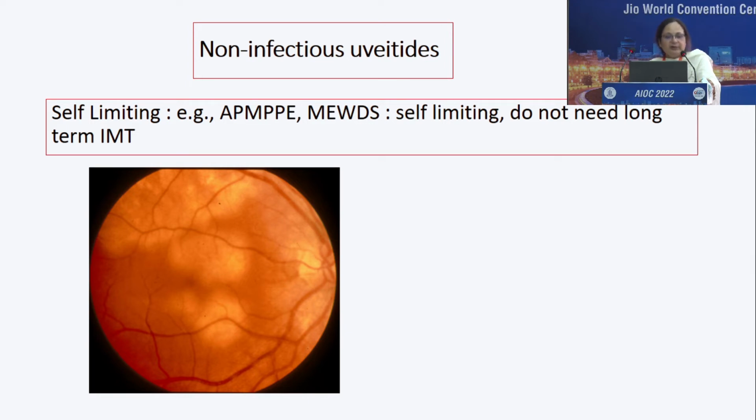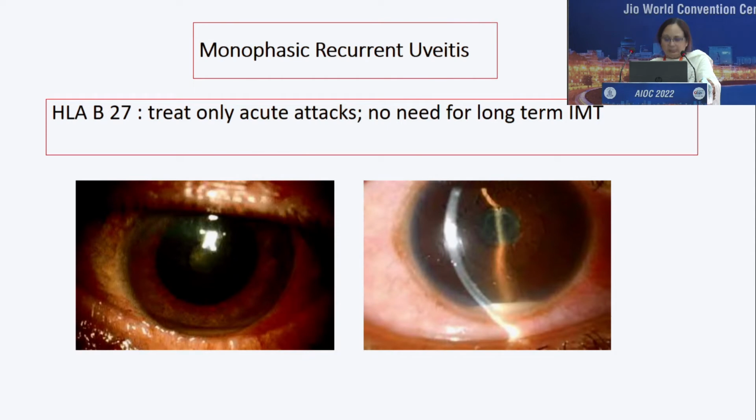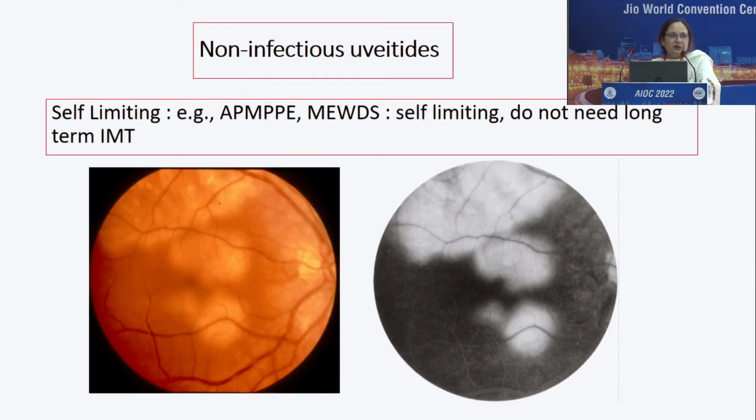So you may be dealing with some diseases like posterior uveitis. This is APMPPE, which we don't see much in India. But this is the classic image of Dr. Don Gass. So this is APMPPE, or you may find MEWDS, and MEWDS we have seen almost 3 cases following COVID vaccination now.